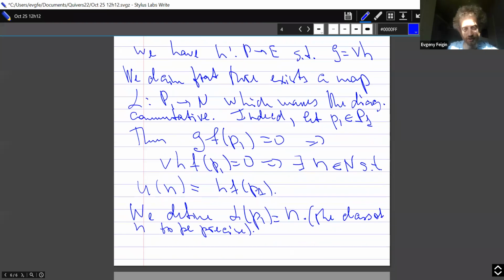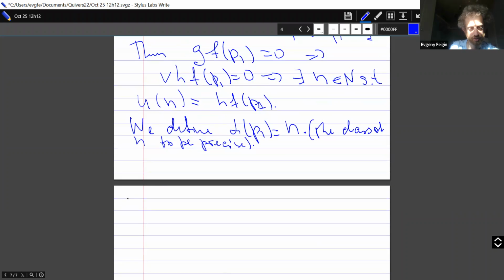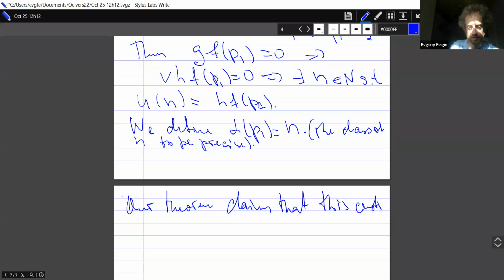So this is the construction, but the actual theorem claims that this construction produces the desired isomorphism.